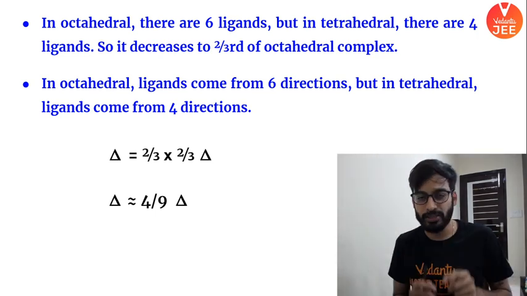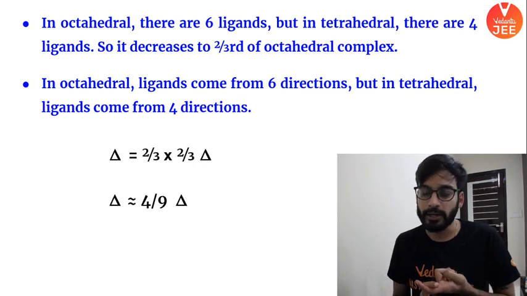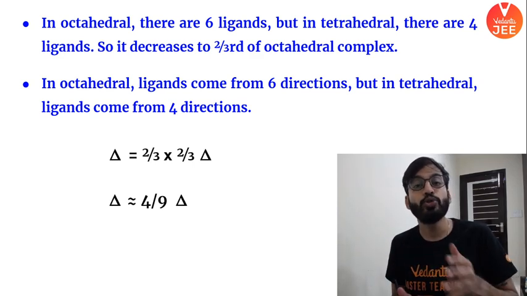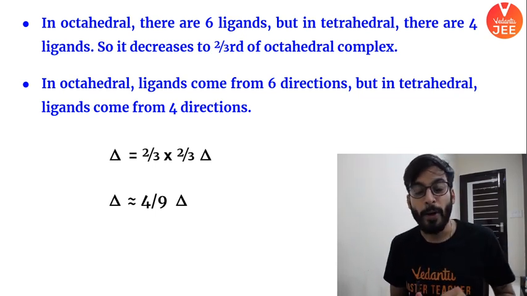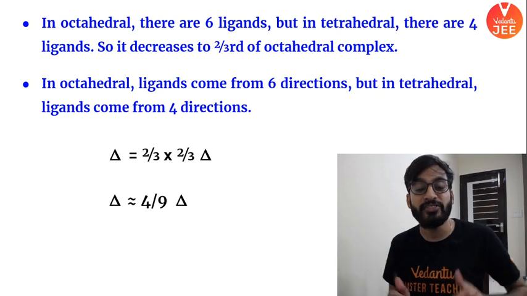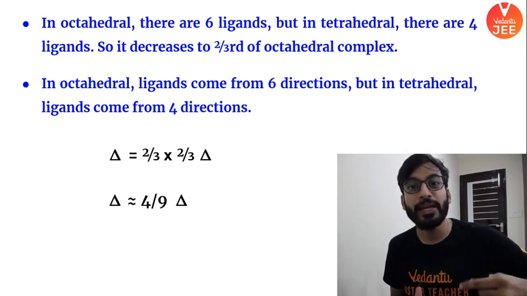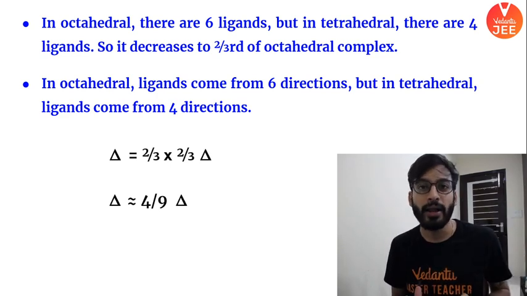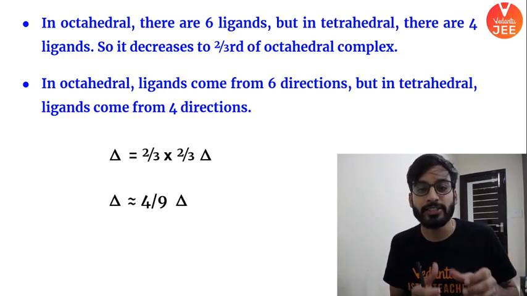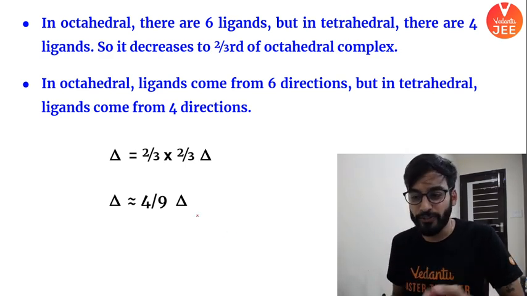So there are two reasons. One reason is that there are 6 ligands in an octahedral complex and 4 in a tetrahedral, so the splitting decreases 2/3 times in the tetrahedral complex. Point number 2: 6 ligands were coming from 6 different directions along the axis, but in the tetrahedral case only 4 ligands come, in between the axes, not pointing directly at the metal ion. So the repulsion decreases 2/3 times again.